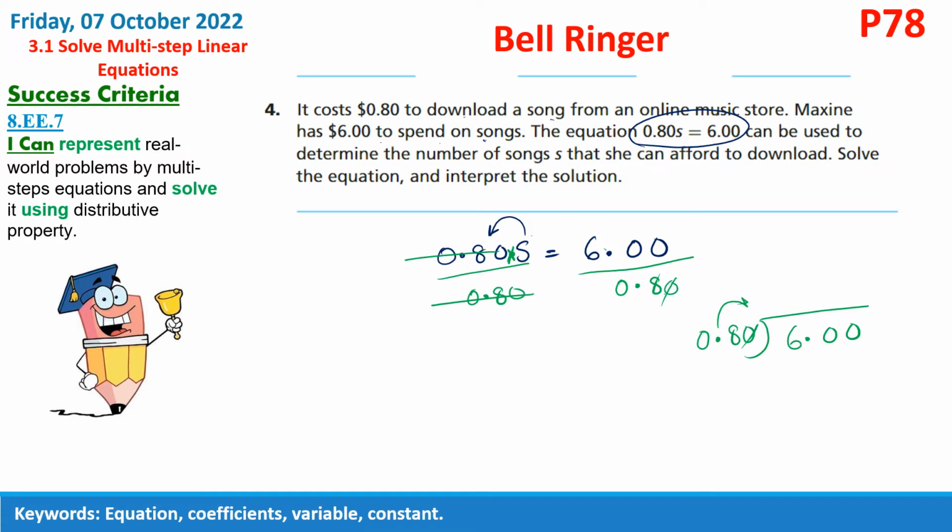When you move the point here, it becomes 8.0, right? And move the decimal over here too. So here it becomes 60.0 and here it becomes only 8. Now 6 doesn't go in the table of 8, so we make it 60. Does 60 go in the table of 8? No, 7 times 8 is 56, right?